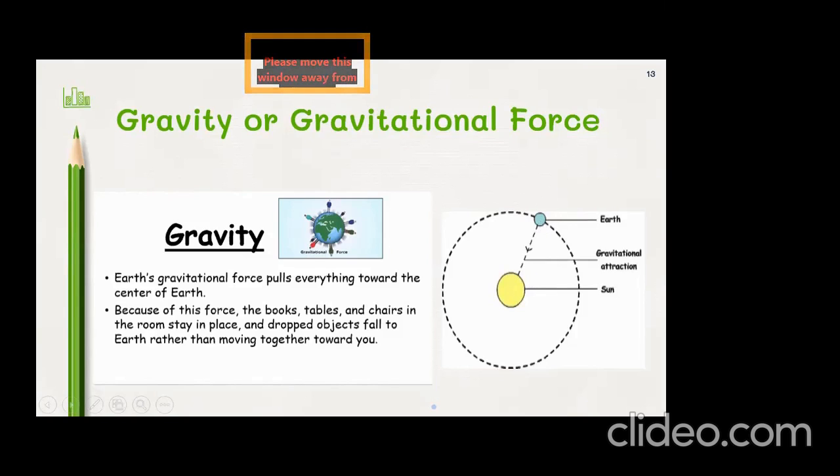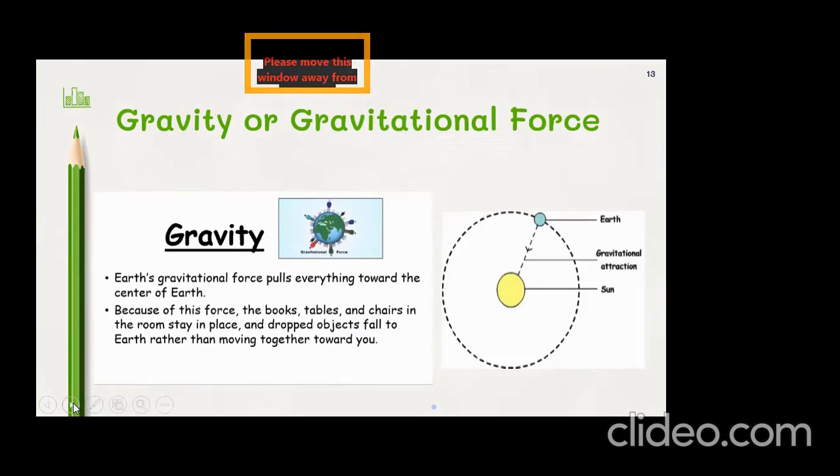We are standing on the surface of the Earth, that's why the force of attraction of the Earth is very large, and it pulls the objects towards itself. And because of this force, the books, tables, and chairs in the room stay in place, and dropped objects fall to Earth rather than moving together towards you.